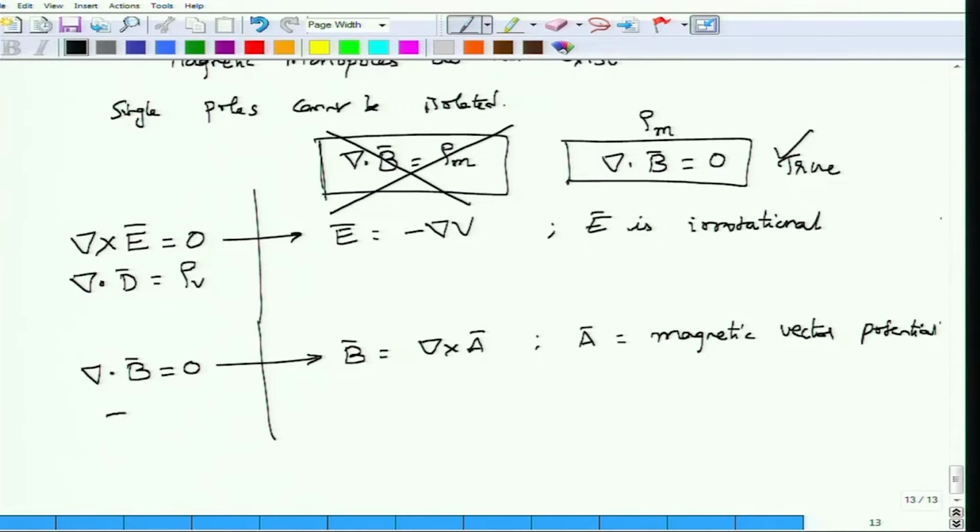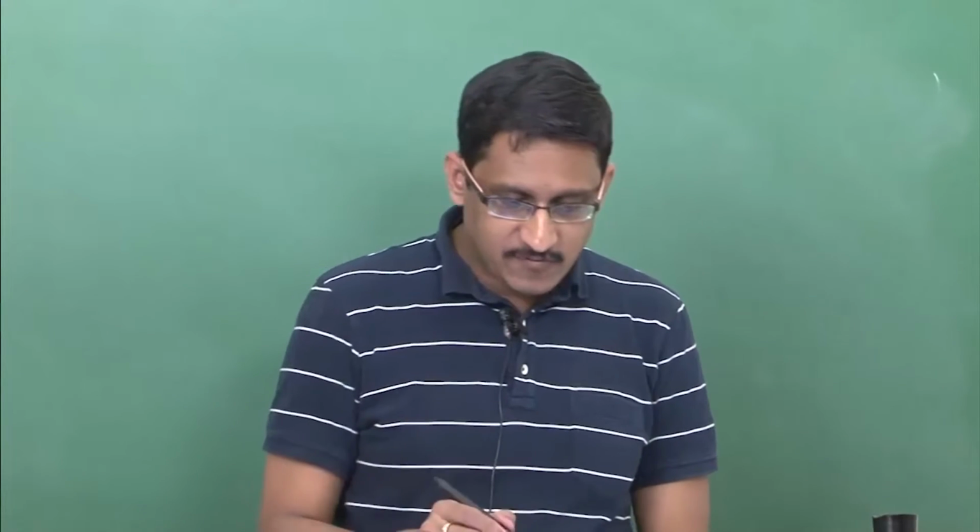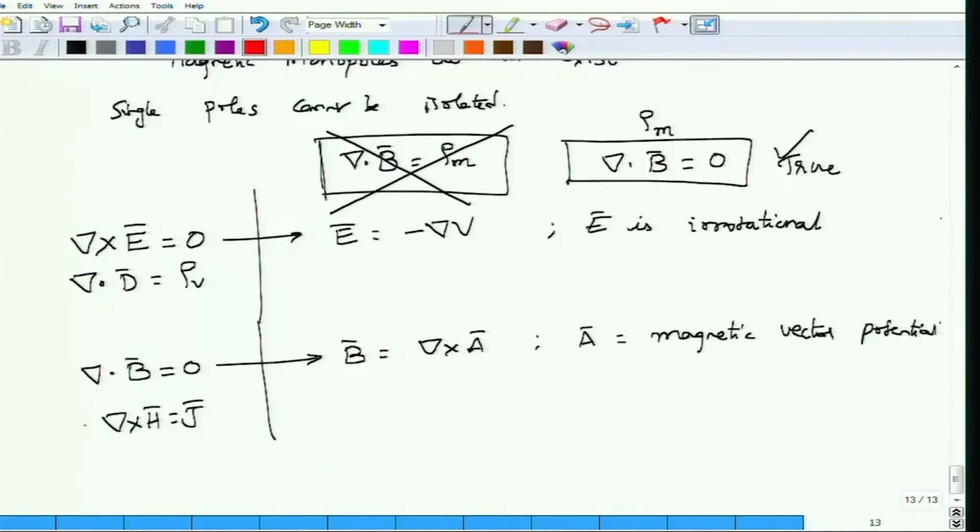And del cross H is equal to J. This is an incomplete equation, we will come back to its completeness, and this is Ampere's law. So the curl of H will be equal to the current enclosed, whereas curl of electric field was equal to 0. We will later see that this equation and this equation need to be modified in the time varying case, whereas these two equations are perfectly valid for both time varying as well as time invariant cases.